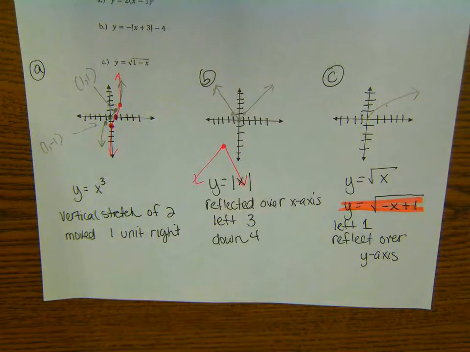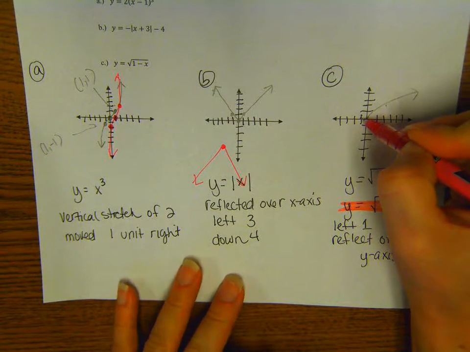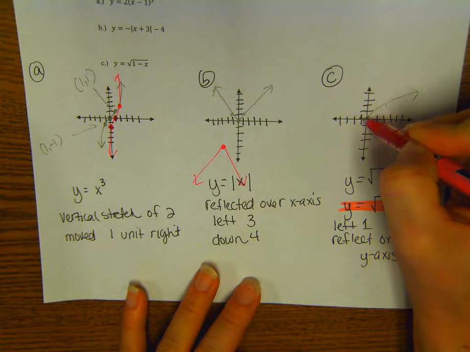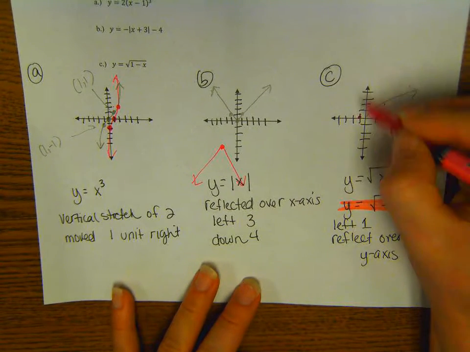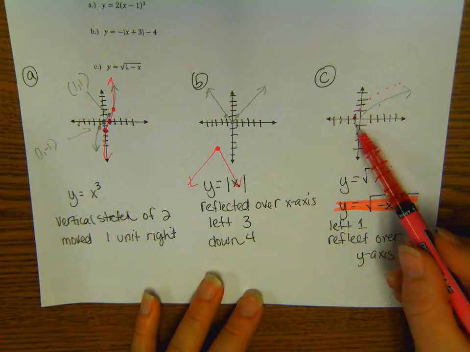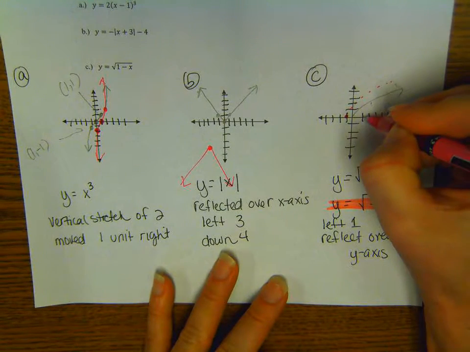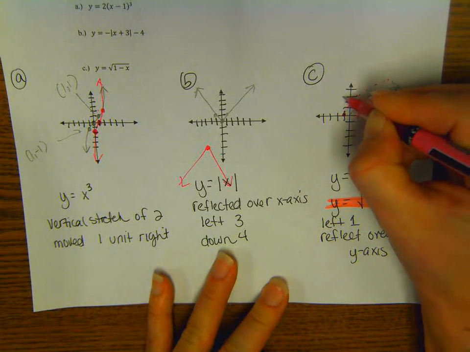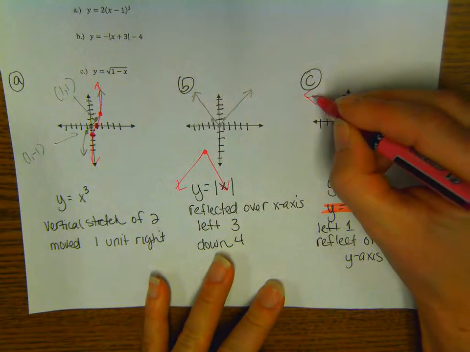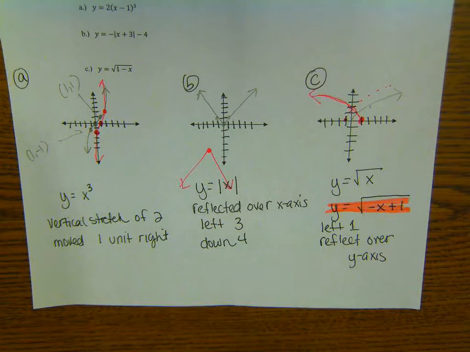Now reflecting it over the y-axis, actually what happens? So right now, here's my point. If I reflected that over the y-axis, now where would it go? (1, 0), and it's going the other way. Okay. So that's what your graph looks like. We'll show you a graph on the calculator to back it up.